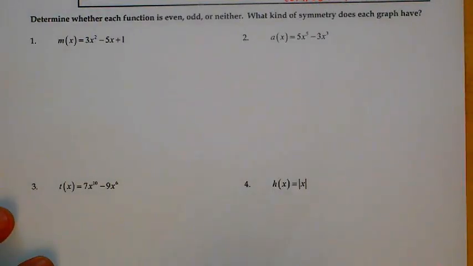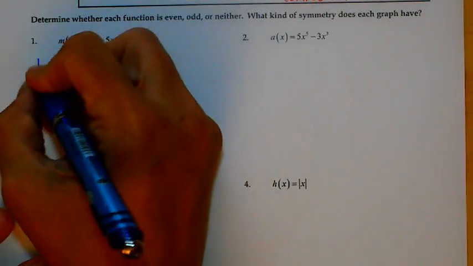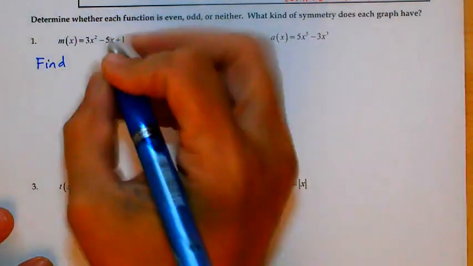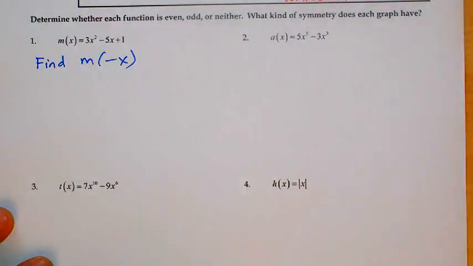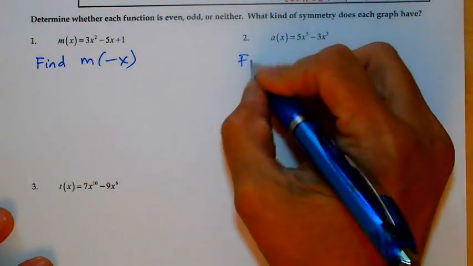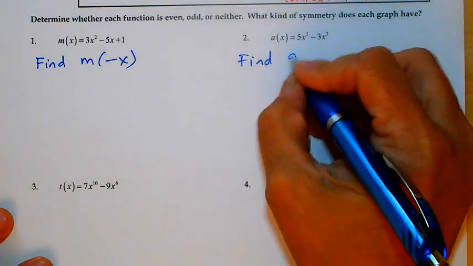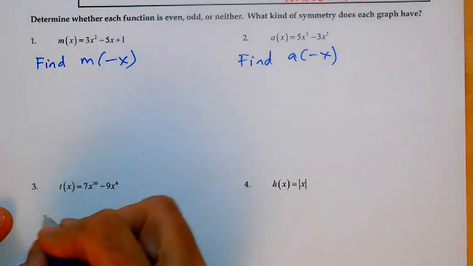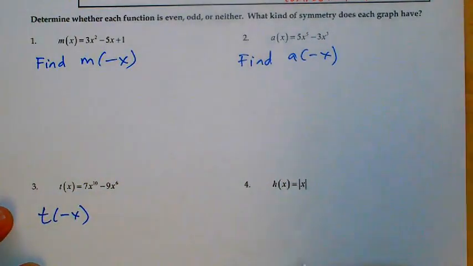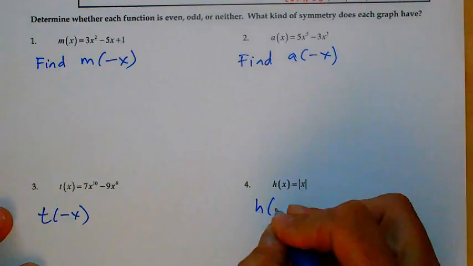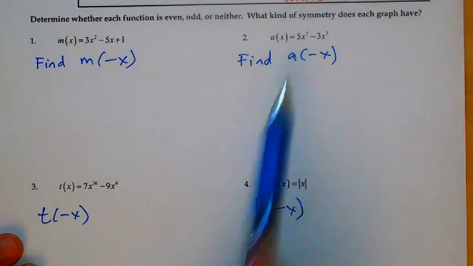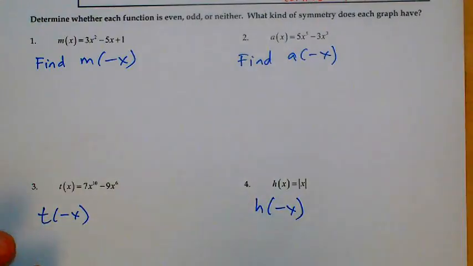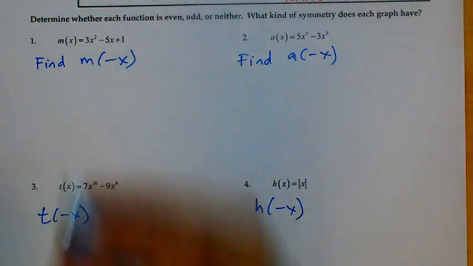So to start off the test, the first thing you're always going to do is throw in the opposite of x before you do anything else. And then based on the outcome of that, you'll make your conclusions. So we have m of negative x, a of negative x, t of negative x, and h of negative x. And let's see what we've got.